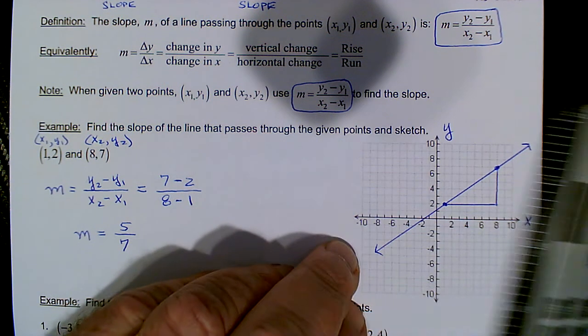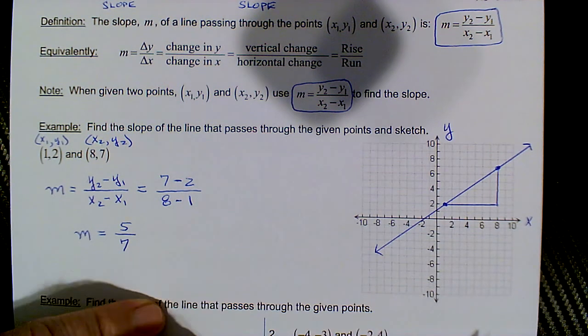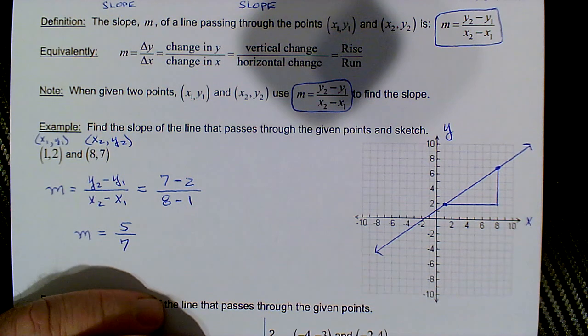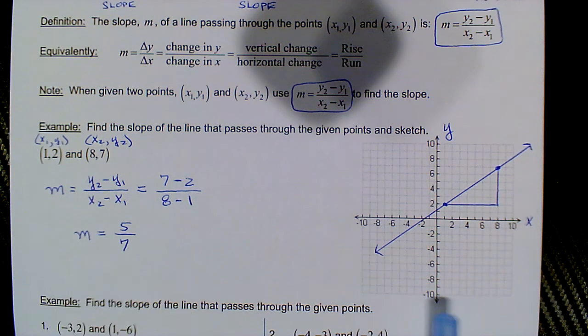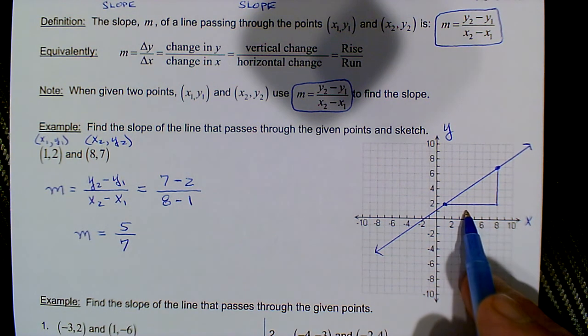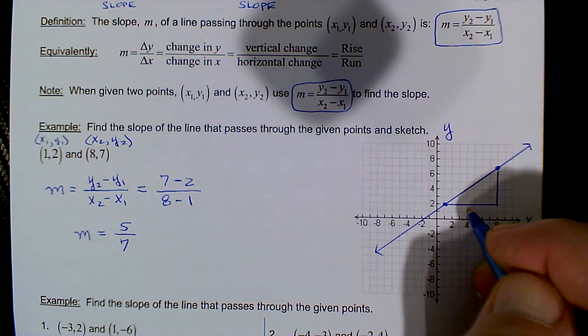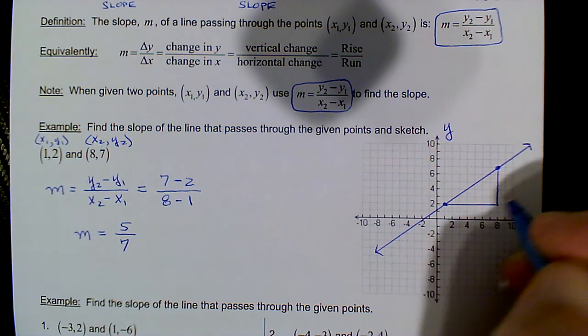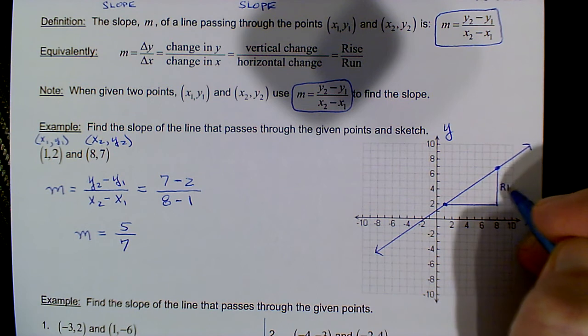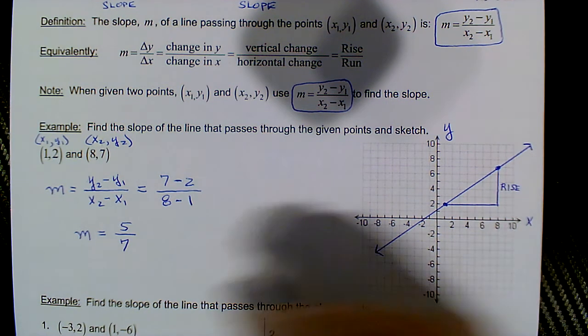Remember, we can call that the rise, and the horizontal change we can call the run. So the rise here is 5 units, and the run is 7 units, giving us our slope of 5 over 7. So I wanted to illustrate that concept to you. And remember, rise is vertical change and run is the horizontal change.